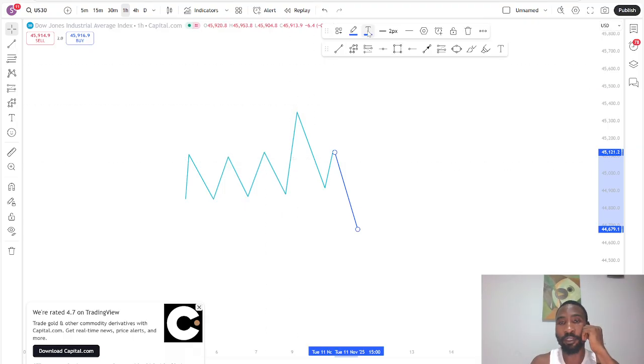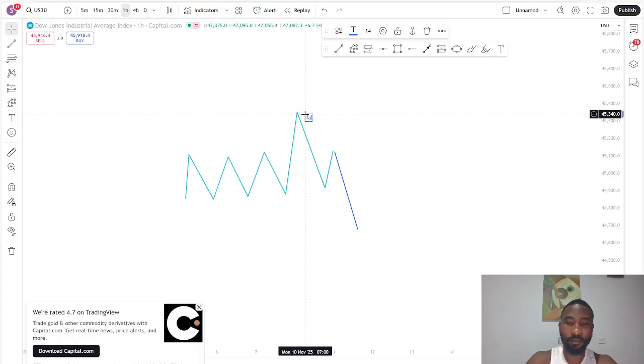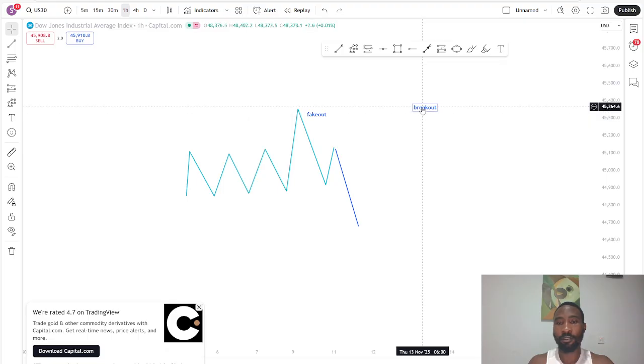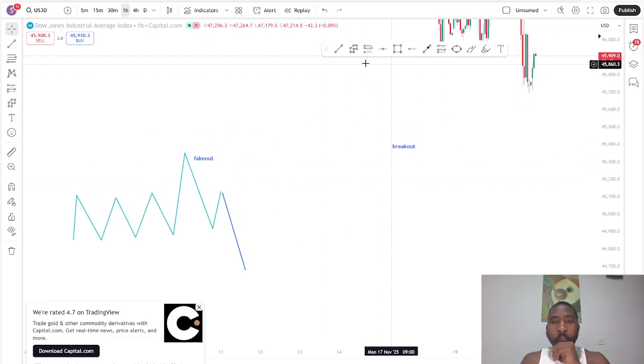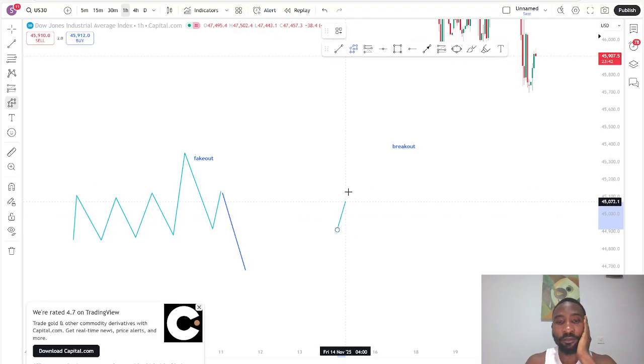Let me just type it so that you understand. Fake out, breakout. I'm just going to indicate it so that we both understand. So this is consolidation.